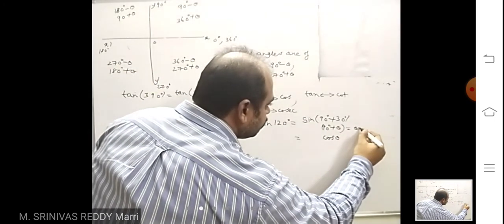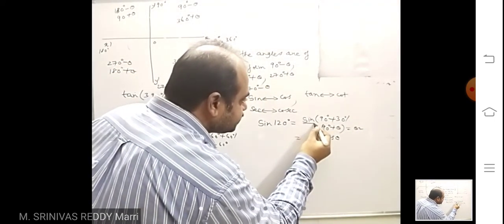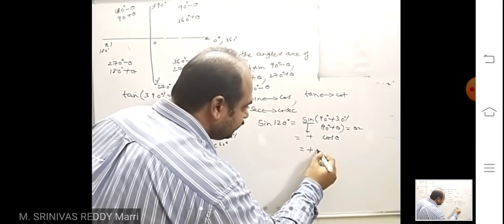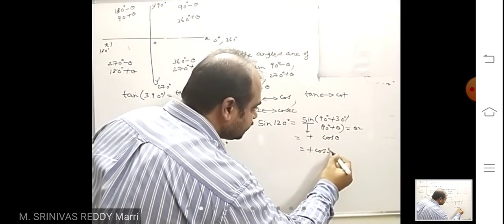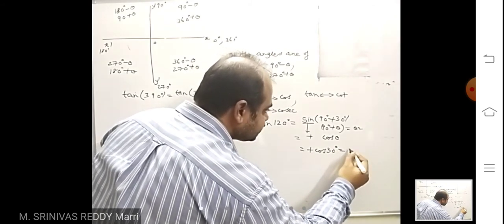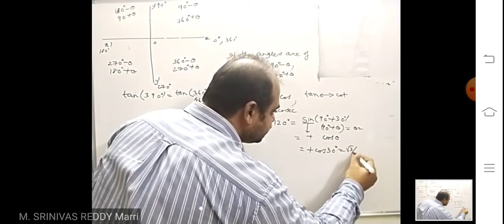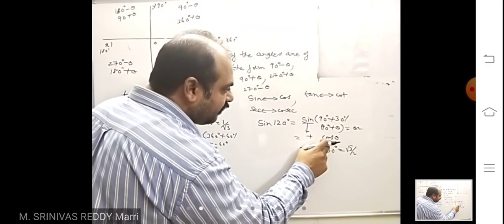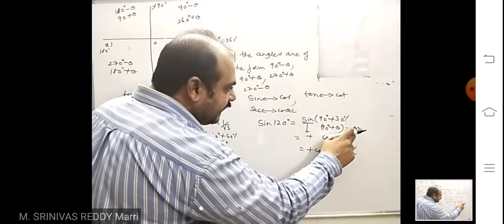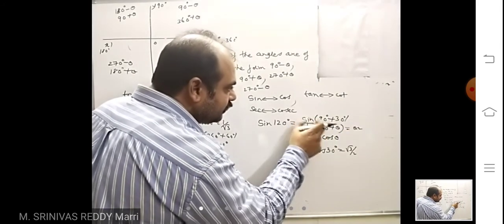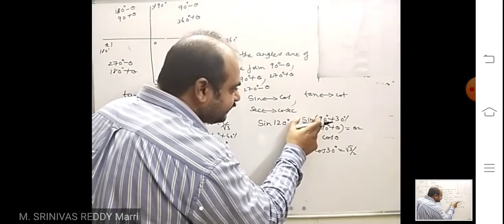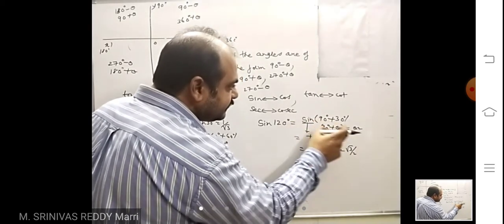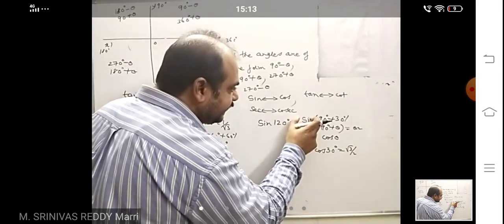Quadrant 2. In quadrant 2, sine is what? Positive. So plus cos 30 degree. The difference is here: if sine is there, you write cos. And then according to the quadrant, give the sign for the given one, the sine, not for this cos. In the second quadrant, the given function is sine.